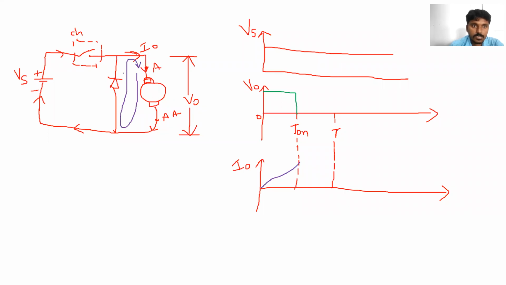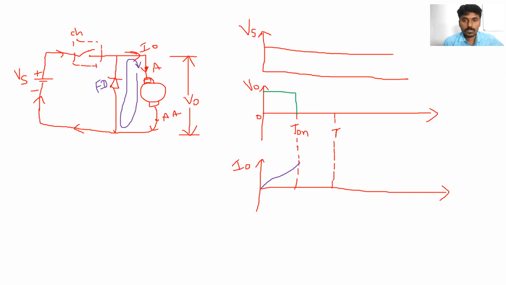Whatever diode is connected across the load can be called a freewheeling diode, represented by FD. Is it clear? So when the inductance energy is released through this circuit, what will happen?